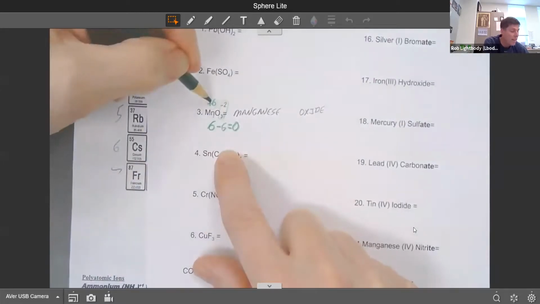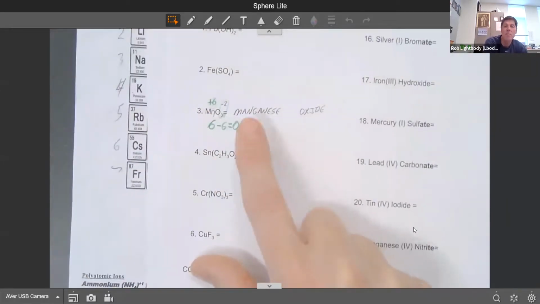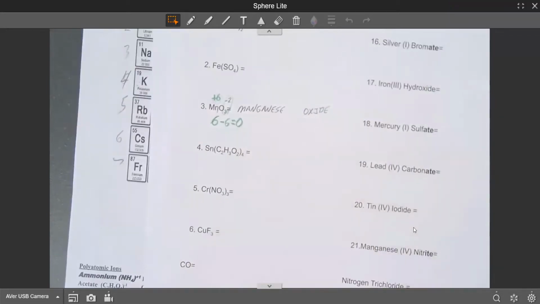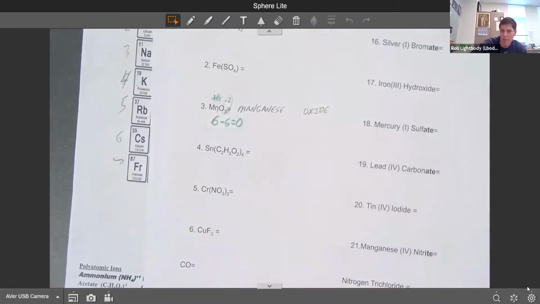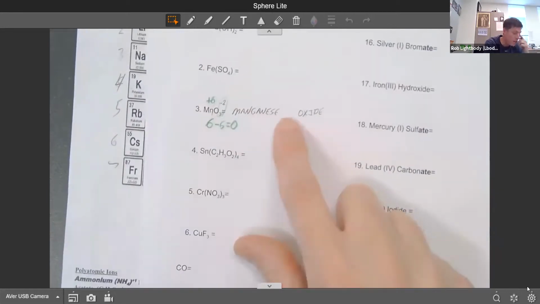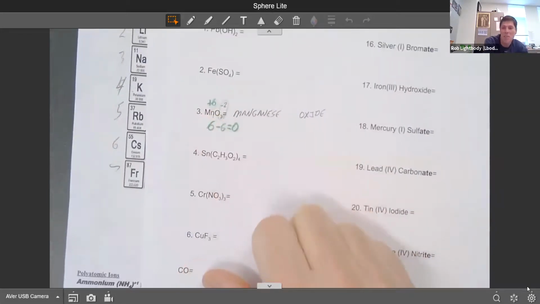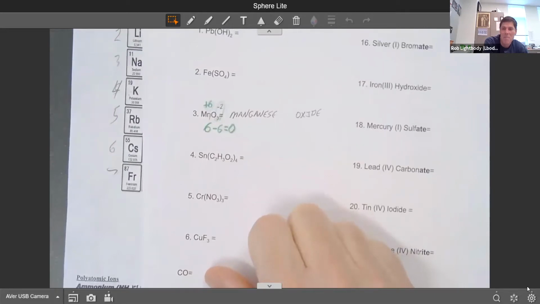So with that, how do I tell people that this manganese is a +6 charge? Does anybody remember? No? Bella, are you on? Bella, you're letting me down here. How would I tell somebody that's got a +6 charge? I'm about to pound my head on the desk.